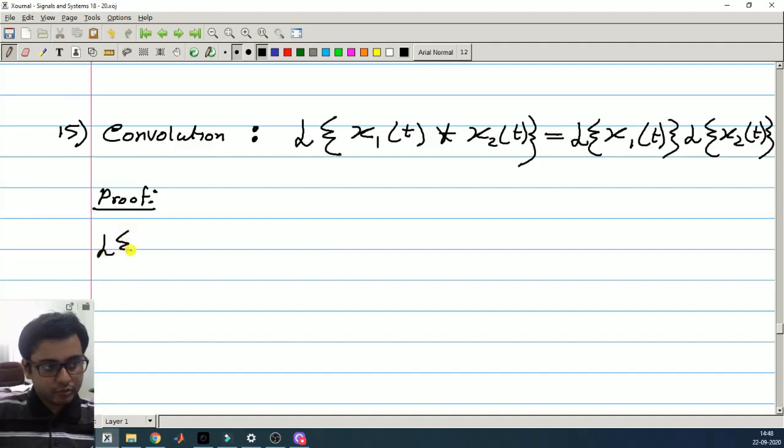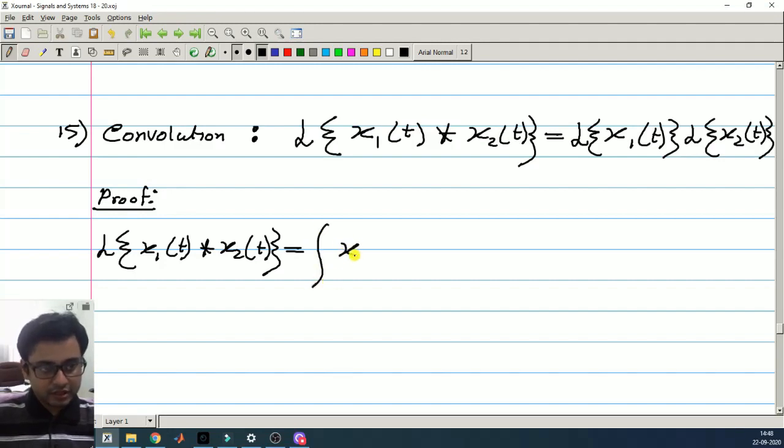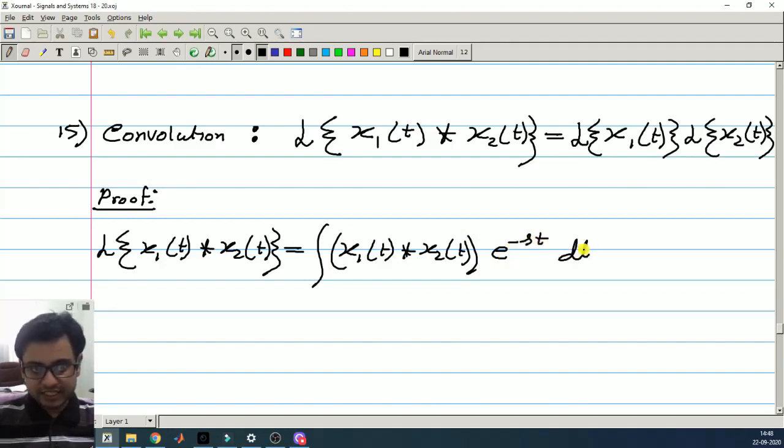Laplace transform of x1 star x2 is by definition integration of x1 star x2, this multiplied with e to the power minus st dt, t running from minus to plus infinity.